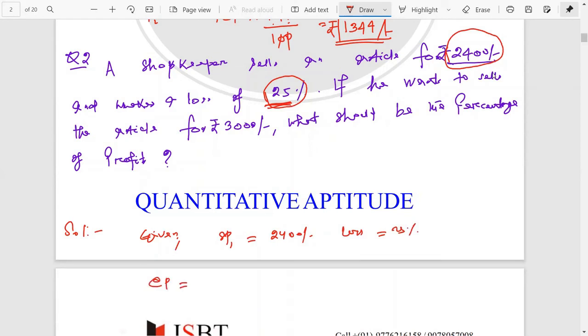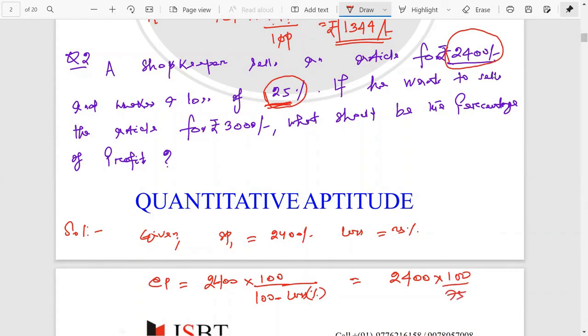Cost price means formula क्या है? Selling price into 100 by 100 minus percentage of loss. That means 2,400 into 100 by 75.